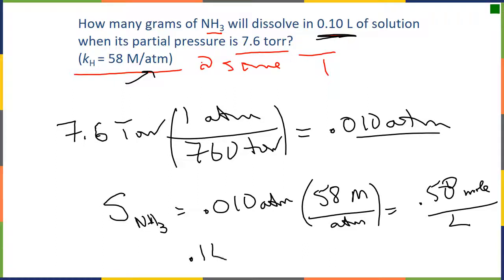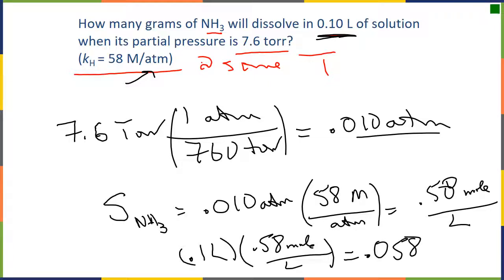If we take 0.1 liters and multiply by 0.58 mole per liter, we get 0.058 mole of ammonia, multiplied by the molar mass, 17 grams per mole. And you're going to get a total of about 1 gram of ammonia can dissolve in about 0.1 liters of solution.